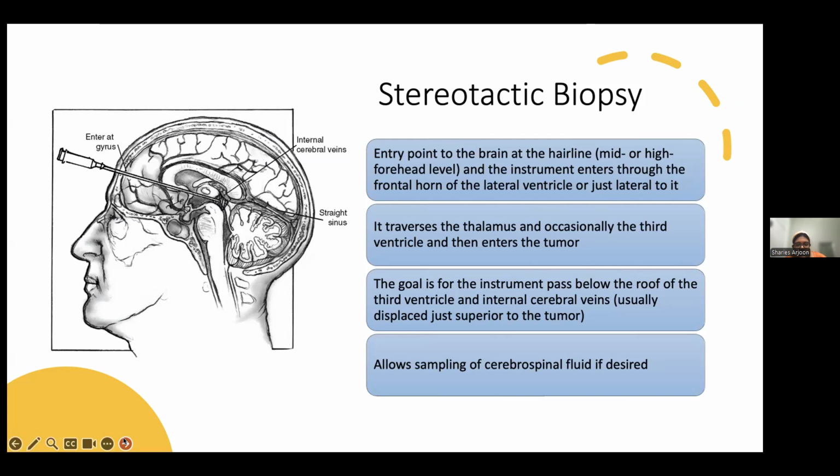The goal is for the instrument to pass below the roof of the third ventricle and internal cerebral veins, usually displaced just superior to the tumor. And it allows for sampling of cerebrospinal fluid if desired. And the diagram here shows the trajectory of this biopsy.